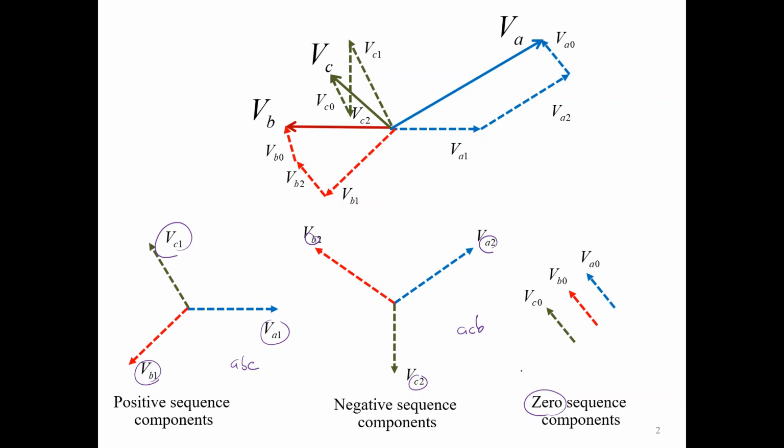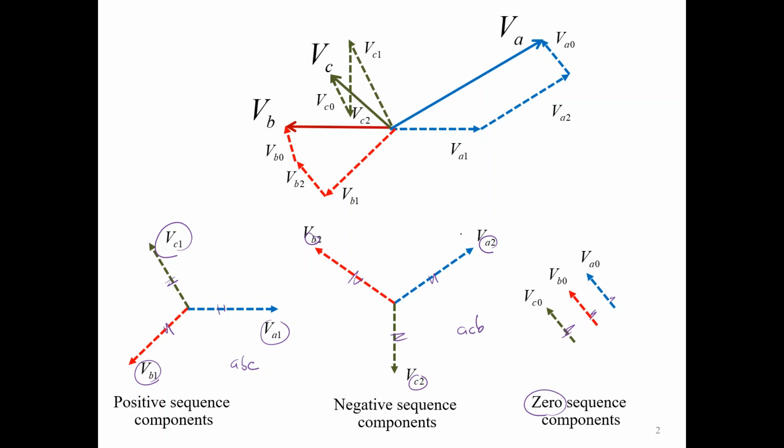So balanced means that the length is the same, and the angle separation between these phases is the same. In this case, the magnitude of the angle separation is 120. This is 120, and the angle separation here is 0 because it's parallel.